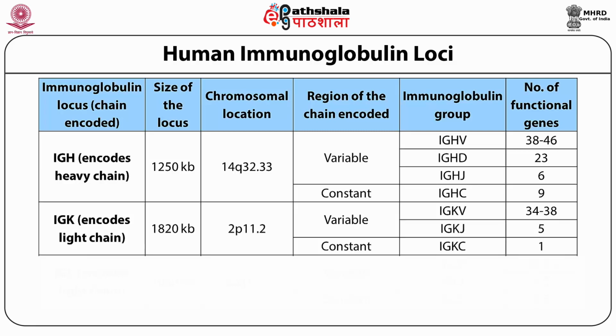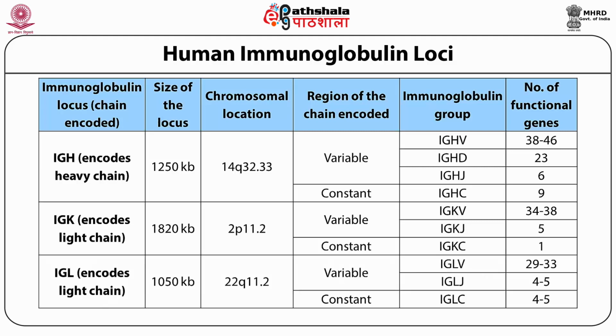The IgK locus is about 1820 kilobases in size, is located on the long arm of chromosome 2, and has 34 to 38 V genes, 5 J genes, and 1 C gene. The IgL locus is about 1050 kilobases in size, is located on the long arm of chromosome 22, and has 29 to 33 V genes, 4 to 5 J genes, and 4 to 5 C genes.